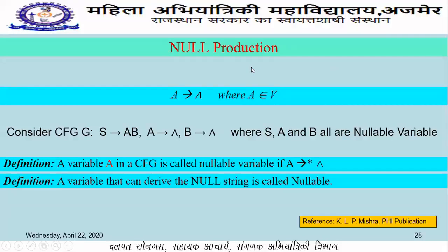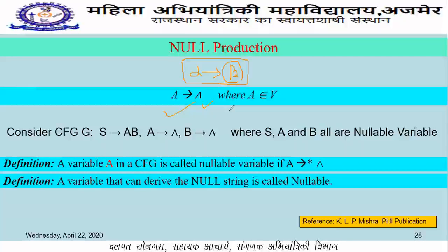In a context-free grammar, the form of production alpha tends to beta, where this beta is only null, this form of production is known as null production, like this, where A tends to null, where A belongs to the variable V and the right hand side is null.